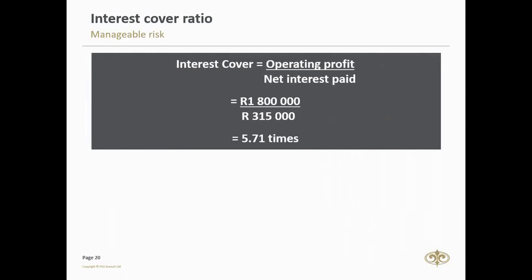In this scenario, my interest cover is 5.71 times. I can cover my interest bill more than 5 times out of the profit. So this is one of the most important ratios to consider when you look at financial risk, especially if you're looking at a share in an AltX or a small cap stock. It's not so much about valuation. More importantly, it's interest cover, as I say, financial risk.